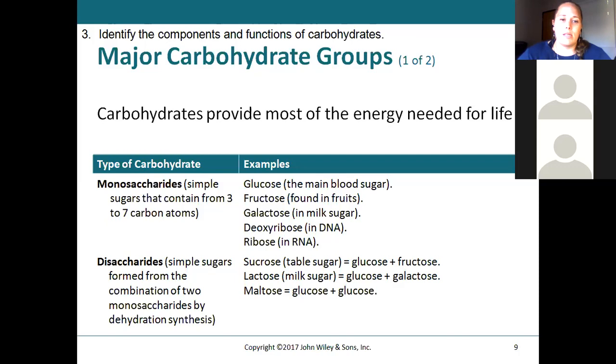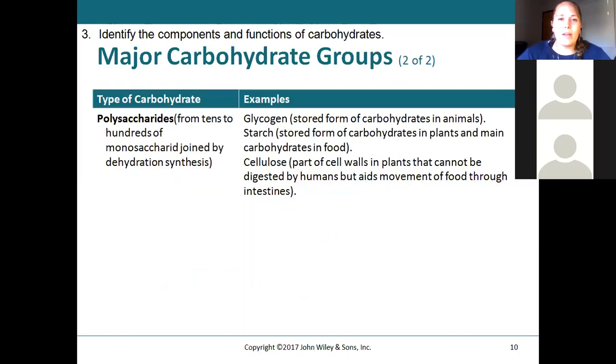to create ATP. Polysaccharides: mono meaning one, di meaning two, poly meaning many. So exactly what you would think, you have a huge string of monosaccharides that are linked together. Glycogen, starch, and cellulose are all examples of polysaccharides. Glycogen is essentially how we store energy within our bodies. Starch is a form of carbohydrates in plants. And then cellulose.